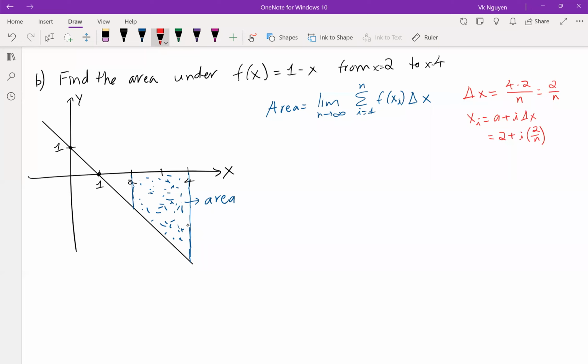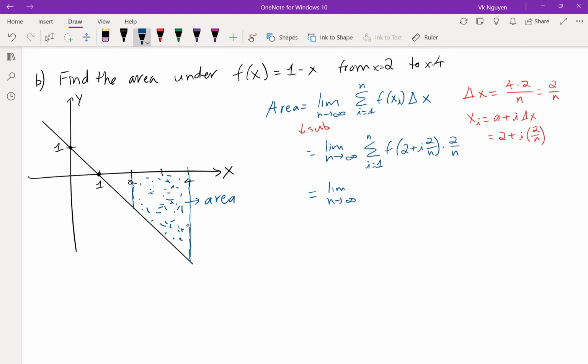Okay. Do the substitution here. And this could be limit n goes to infinity, summation i equals 1 to n of f of 2 plus i times 2 over n, times 2 over n.